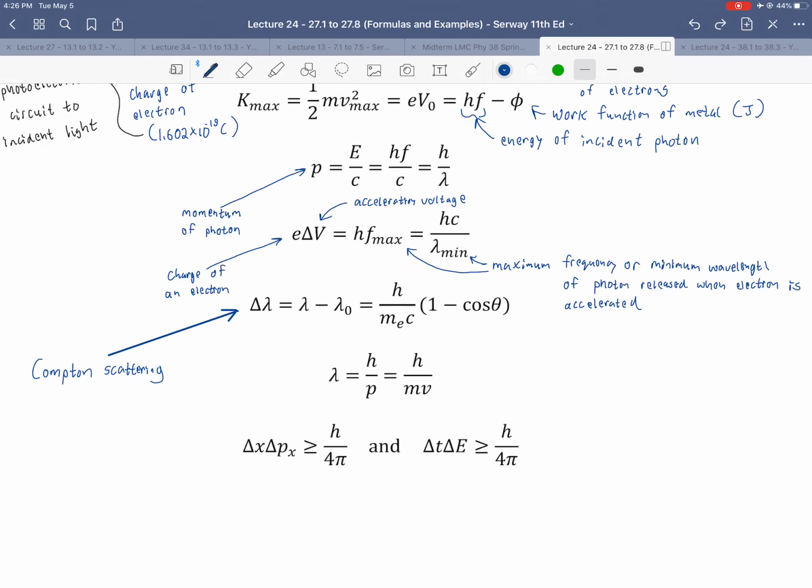Okay? So this is, we'll call this the final scattered wavelength of the photon. Final scattered photon wavelength. Okay, and lambda naught is the incident or initial wavelength.